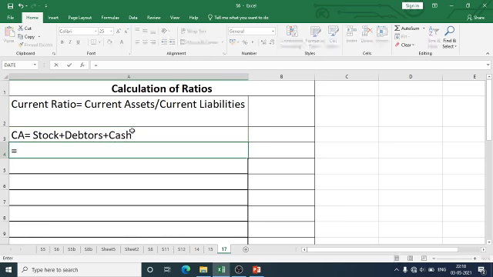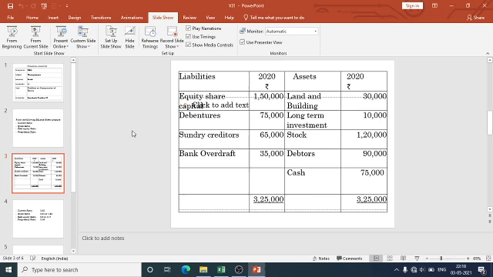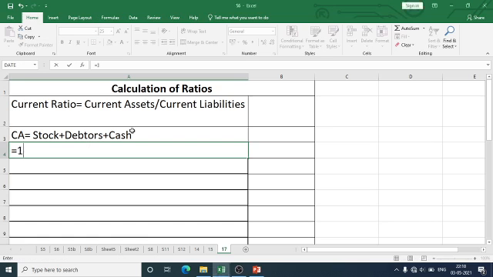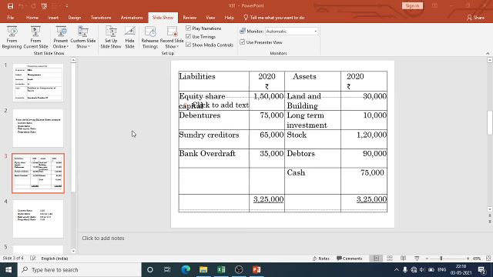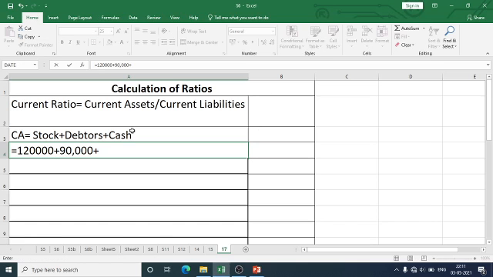The value will be like this. Stock is given 1,20,000, 90,000 and 75,000. So 1,20,000 plus 90,000 plus 75,000. So the total current asset will be, if you use calculator, 2,85,000.